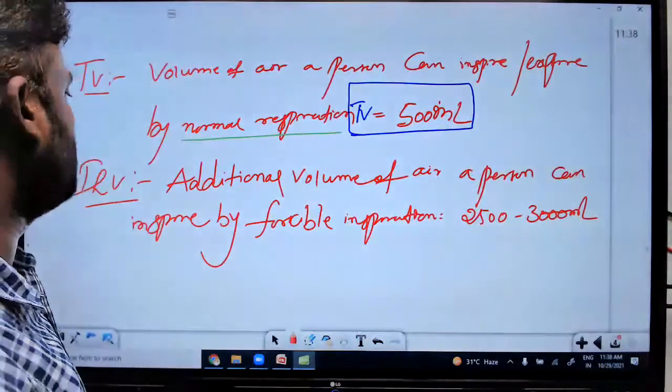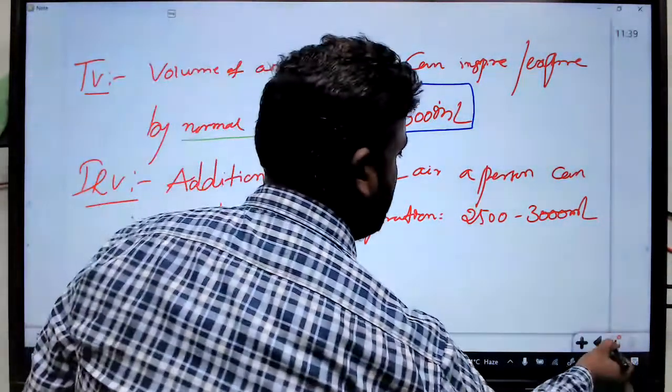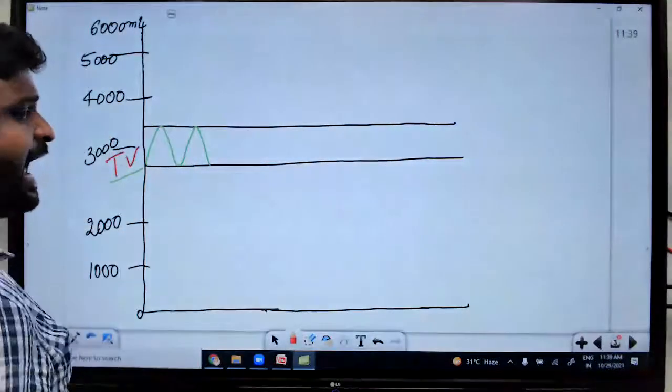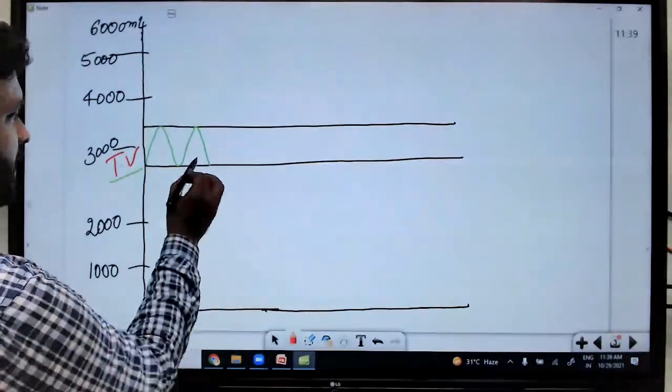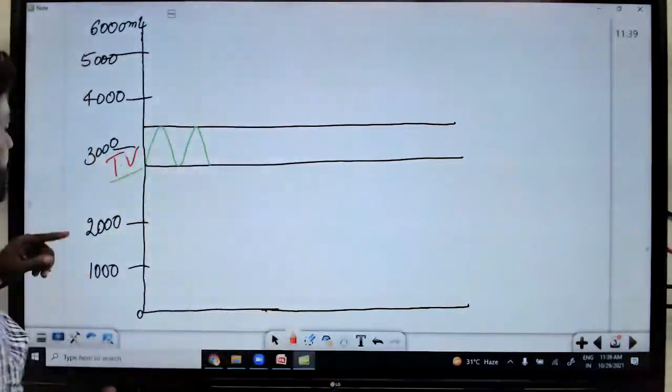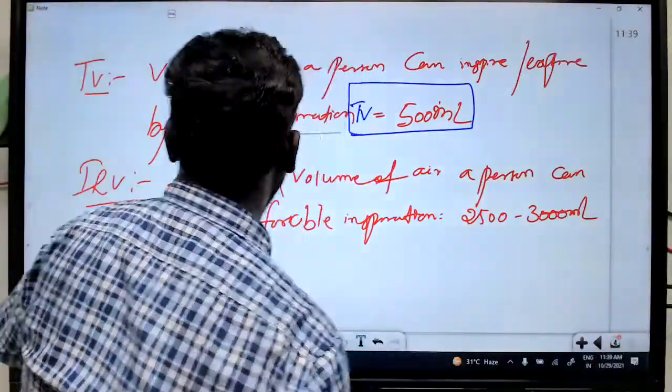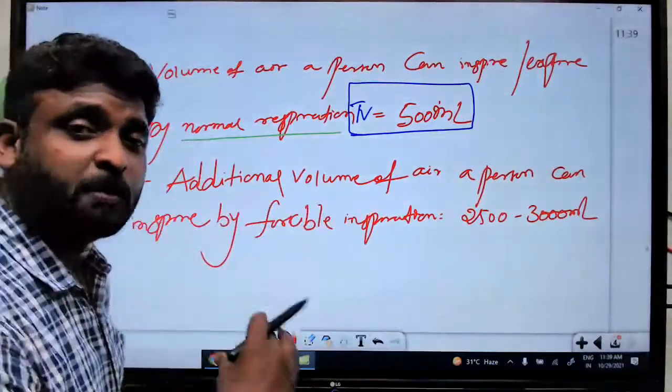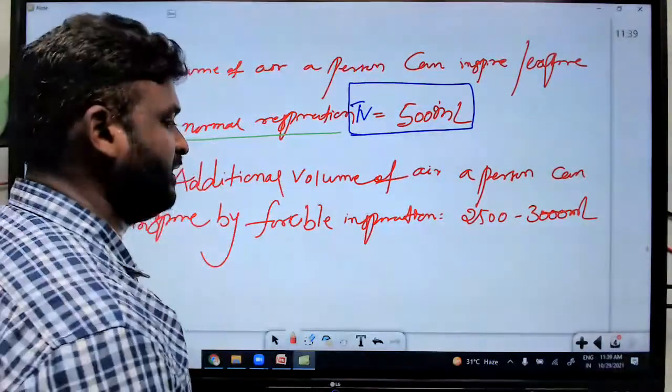That's it. It's about IRV, inspiratory reserve volume. Then how could we show it here? This is inspiration, this is expiration. What I'm telling you now is that the additional volume should be additional to the normal. I will show you.